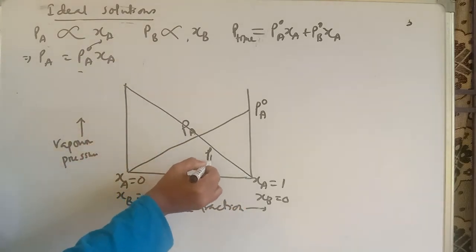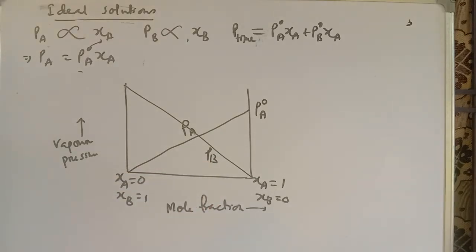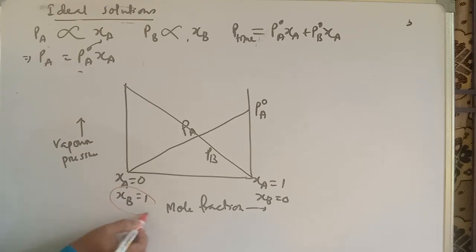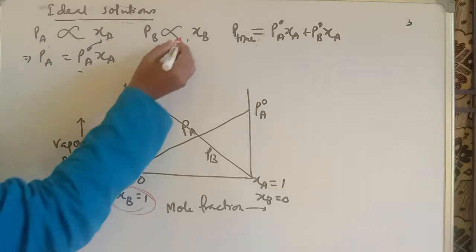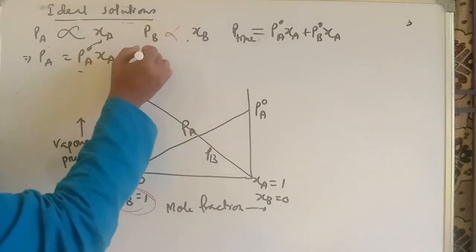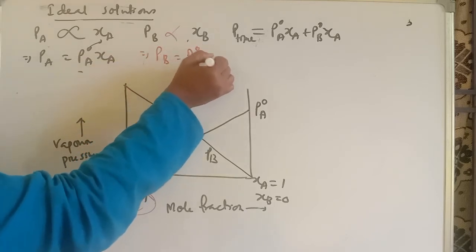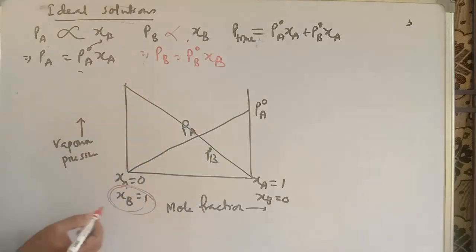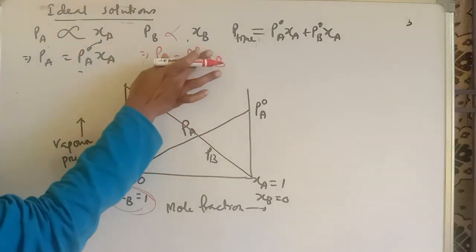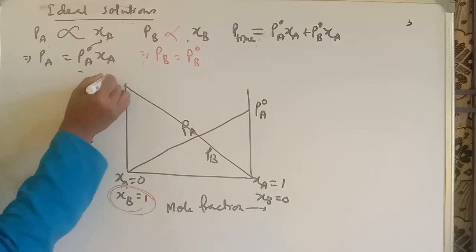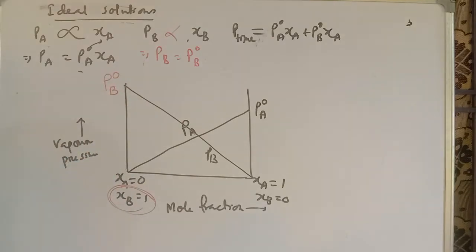This line is for B, the vapor pressure of B. Again, in this line XB equals 1. PB equals P naught B XB, so if XB equals 1, then PB equals P naught B. So this point is P naught B.